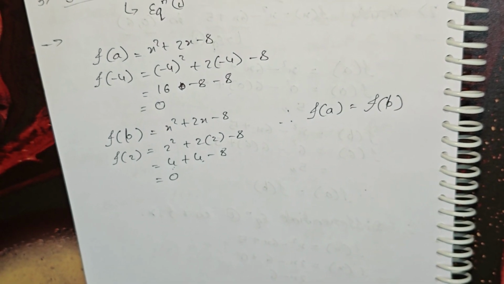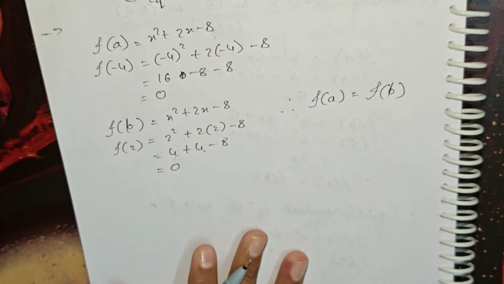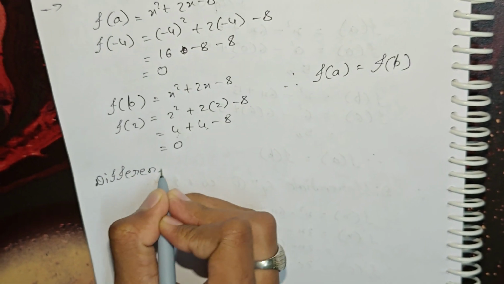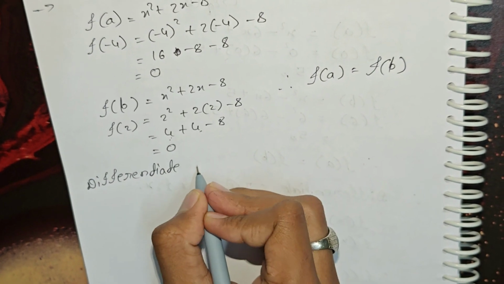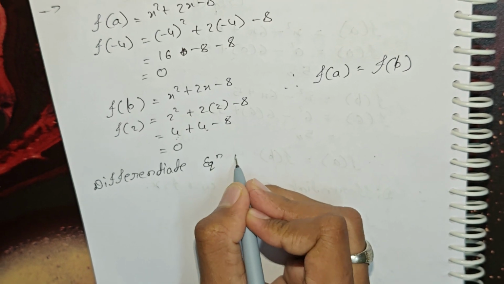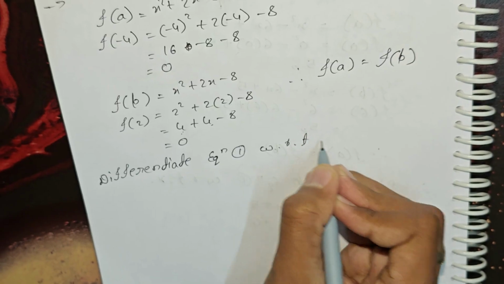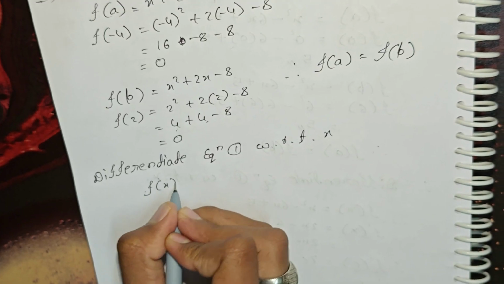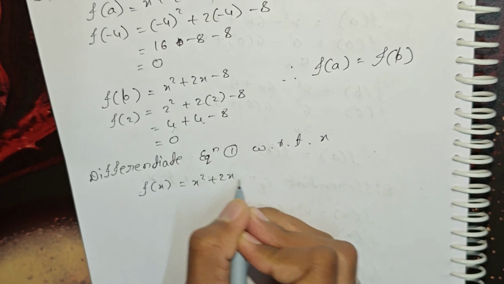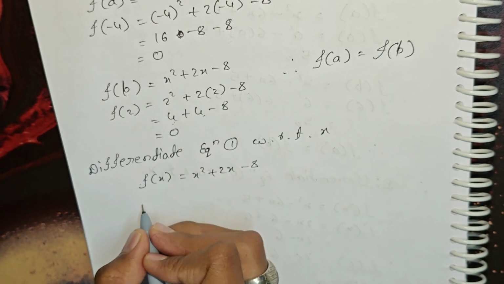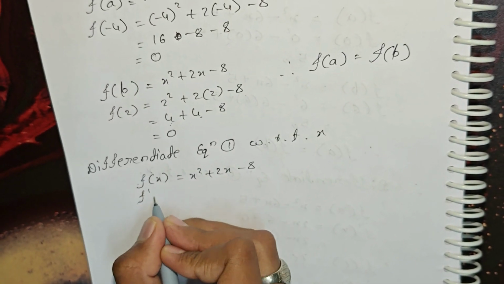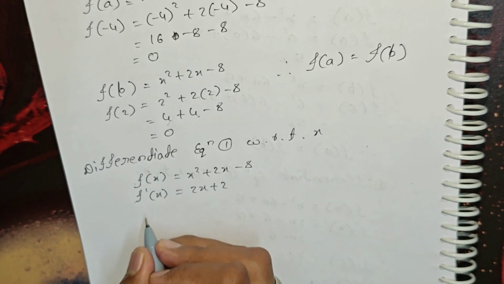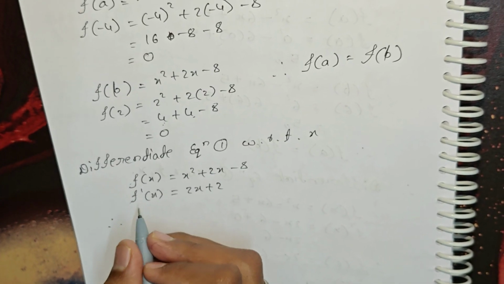Now we have to differentiate the function. Differentiate equation 1 with respect to x. So what is the equation? F of x is equal to x square plus 2x minus 8. After differentiation, it will become f dash of x, 2x plus 2, and the constant becomes 0.